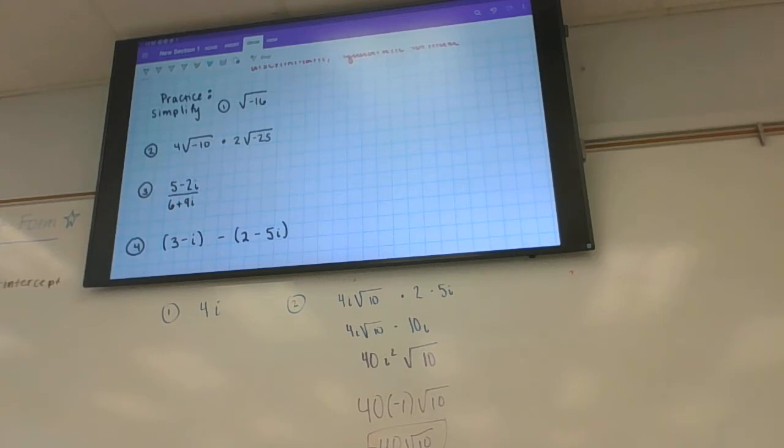Skill 3? Is it complete? What skill is it? Which one? Number 3. The first page. That's perfect.